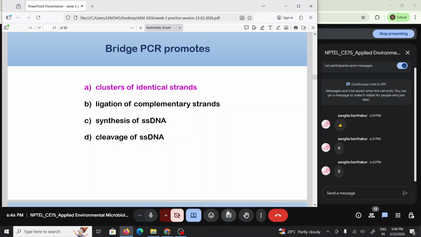Because we already have the primer here, it's just the DNA polymerase that has to come and synthesize the strand. This process happens repetitively, and hence a cluster of identical strands is generated. Only when there is enough number of clusters do we have a strong signal for the sequencing detection process.